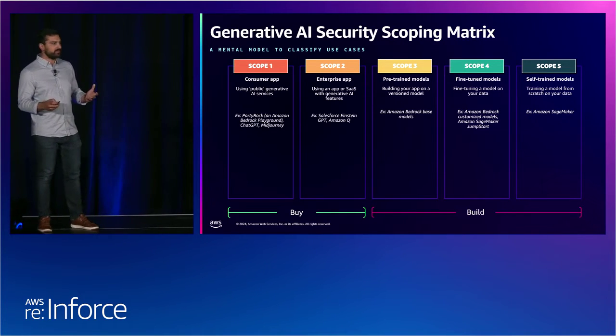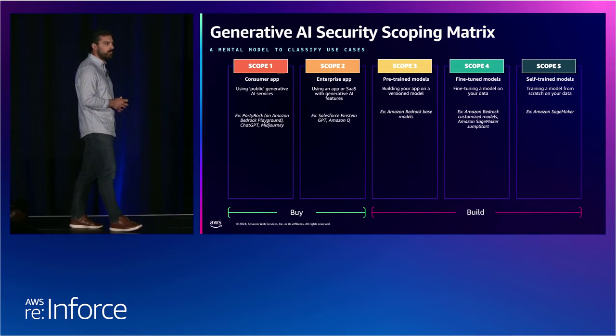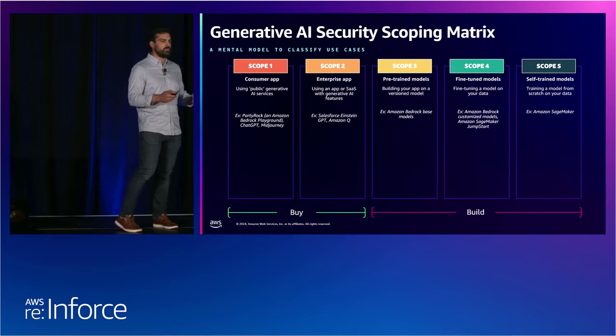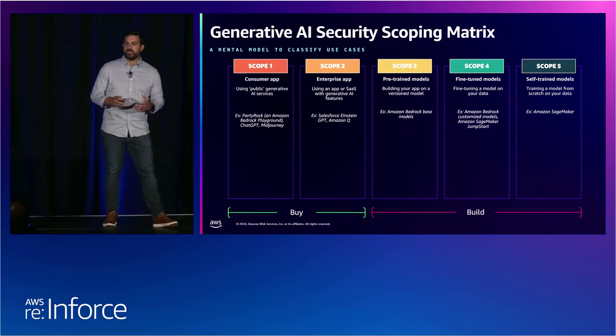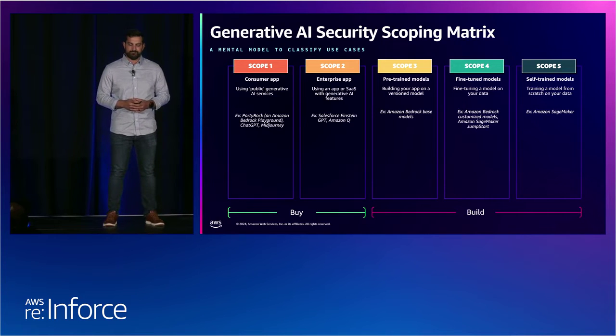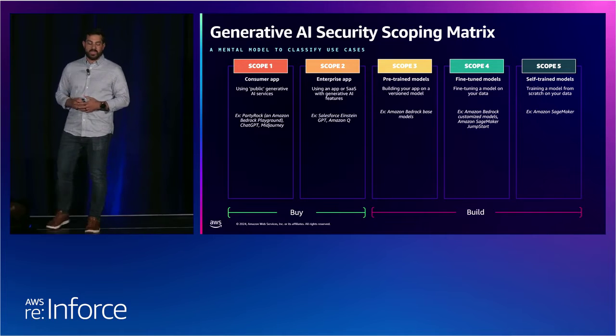Now in our experience, most recently, most organizations that we speak with are primarily focused on scope 2 and 3. That's changing over time, but to date, that's been the concentration of discussions that we've had. Now with that, we've overlaid this with security domains.